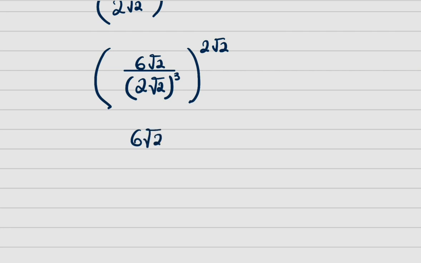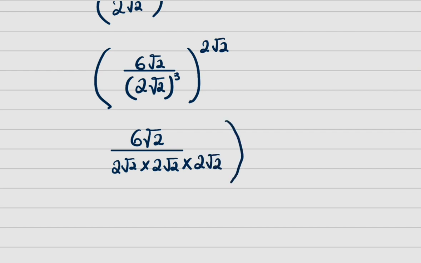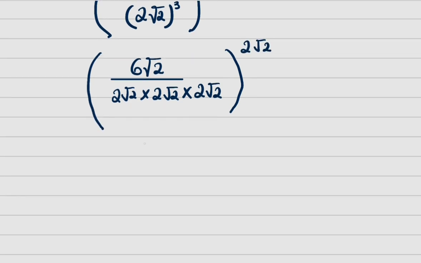We can simplify what is in the bracket now so that we can have 6 root 2 all over 2 root 2 times 2 root 2 times 2 root 2. Everything is going to be the power of 2 root 2. Now this is 6 root 2.